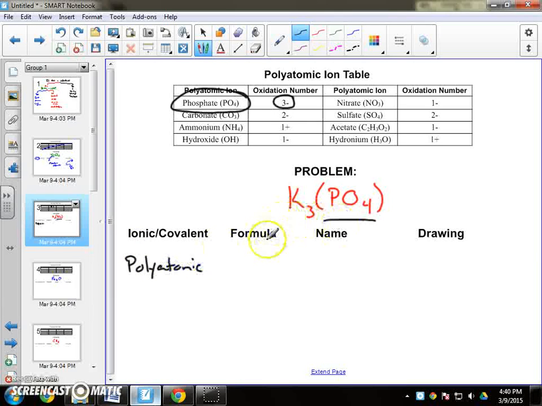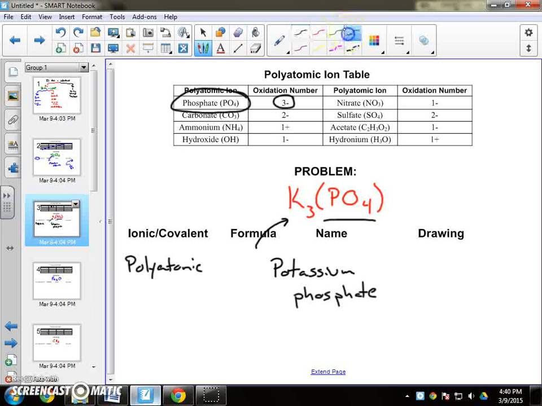Your formula, again, is just going to be this, so I don't have to name it out. In terms of the name, we're going to name it just like ionic, so I'm going to start off with potassium. And with polyatomics, I never change the name, so it's going to be potassium phosphate.